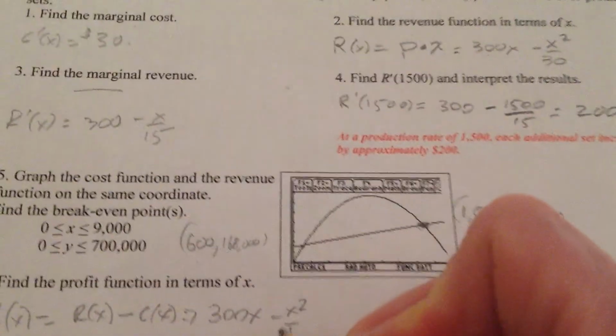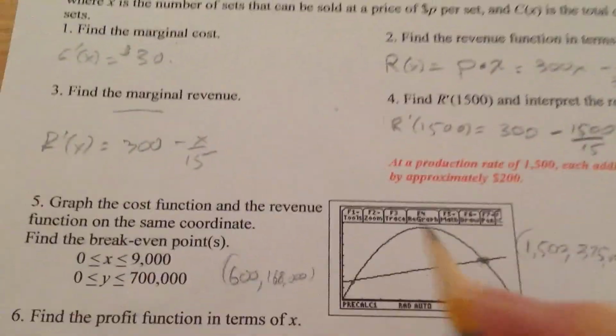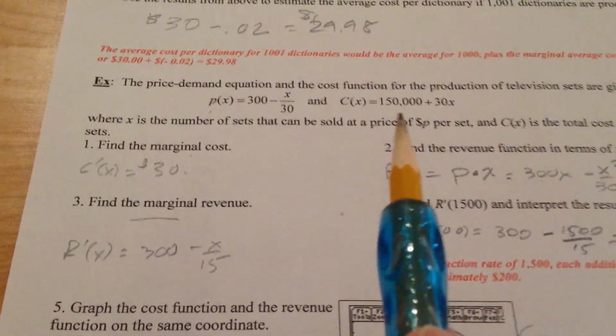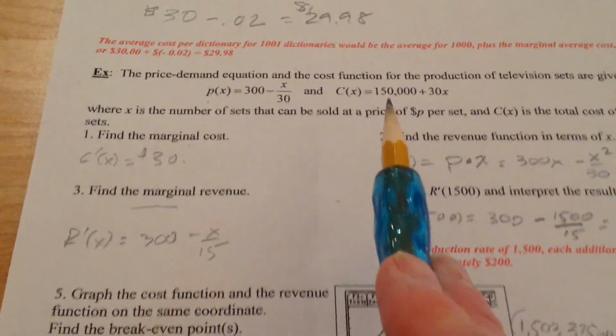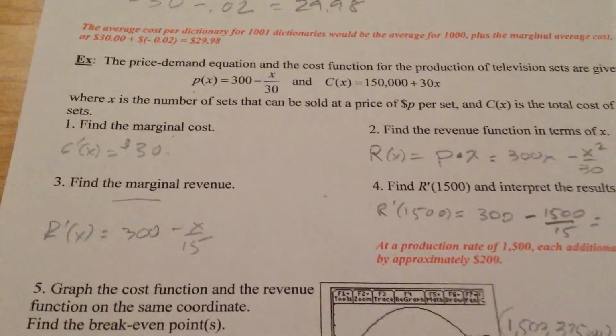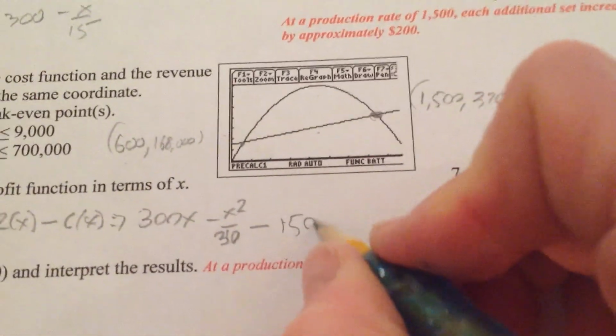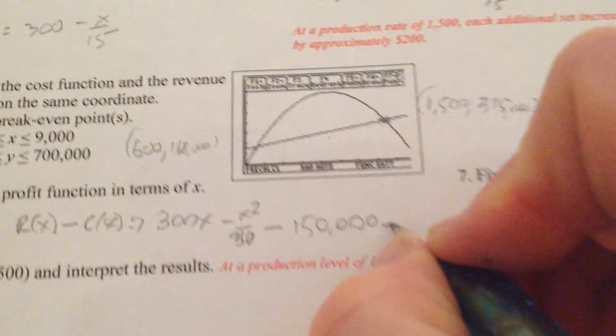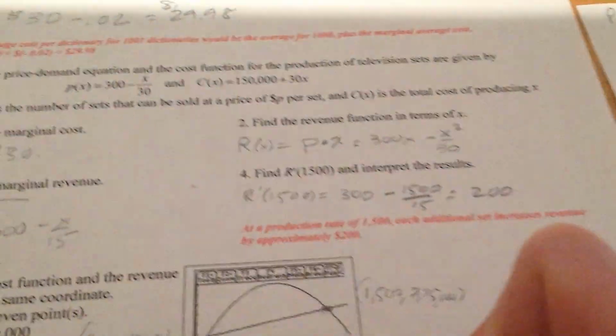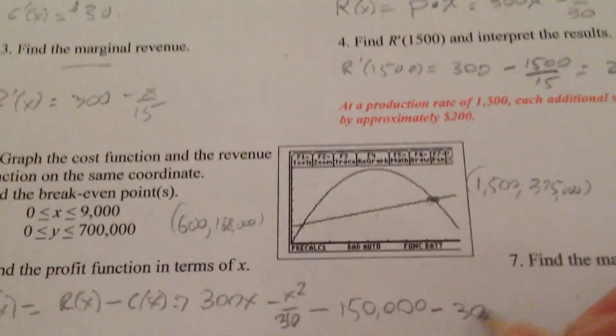There we go. I don't want to write the wrong number down there. Minus the cost function. Well, there's the cost function, so I've got to subtract the whole cost function, which means both 150,000 and 30x are going to be subtracted. So minus 150,000 minus, where is the cost function? There it is, 30x.